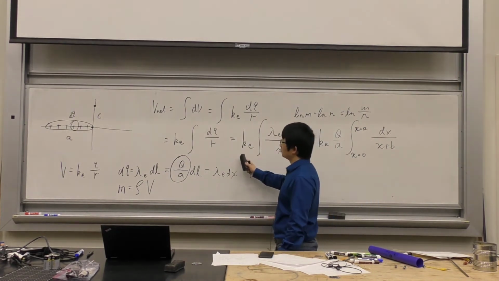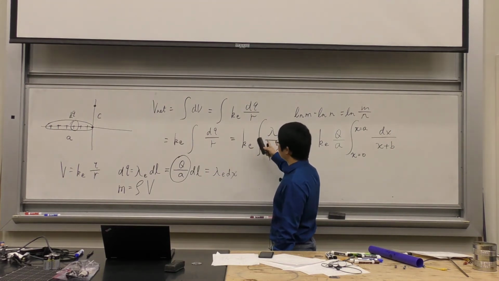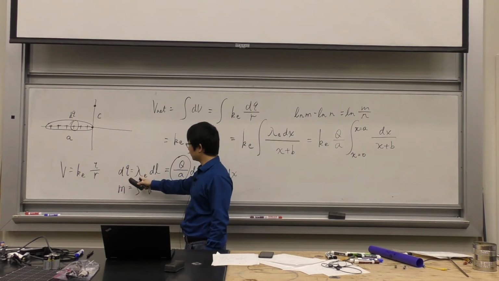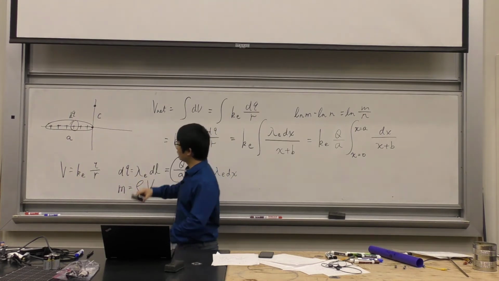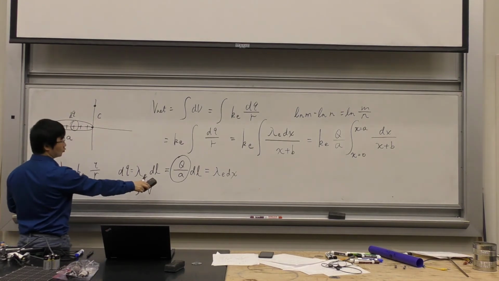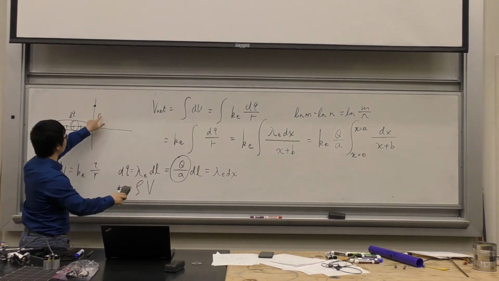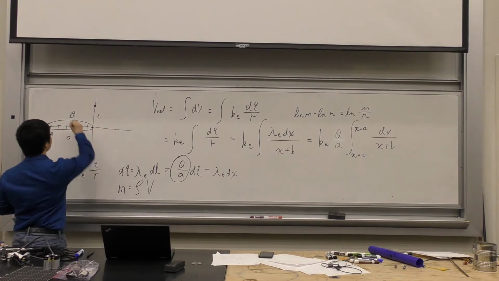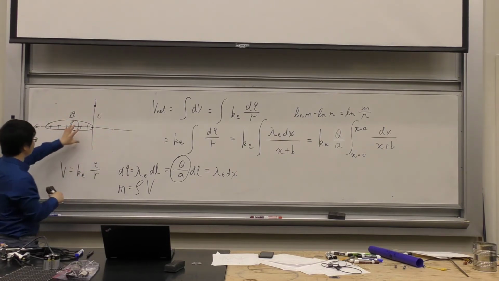You take that out, and now you see that this is still true because I can always write dq as the linear charge density times dl, and I'm still going to call this the x-axis. It doesn't matter which point you want to calculate, this point, or this point, or this point, because the charge is still here.